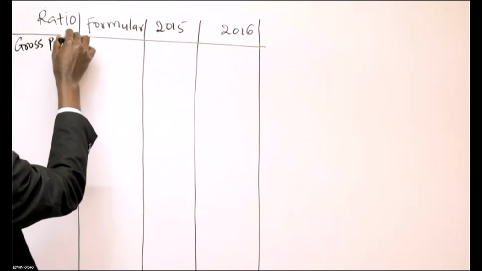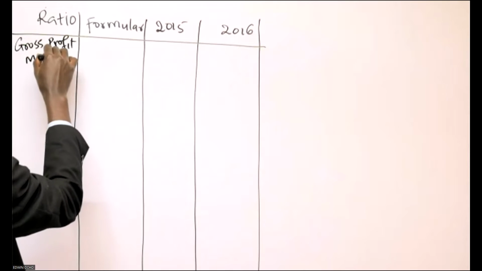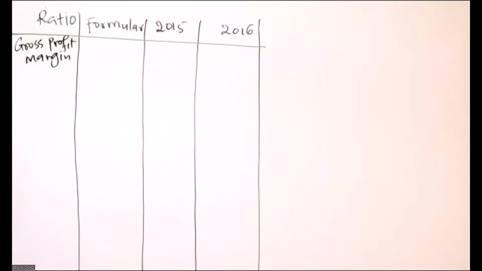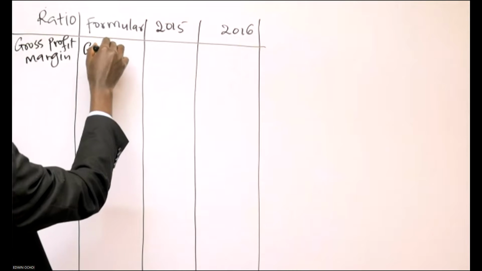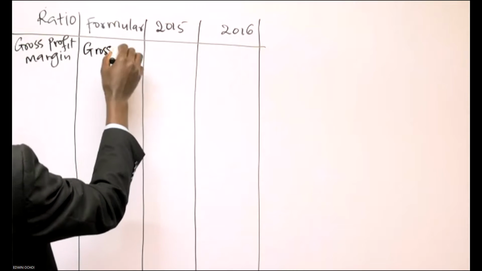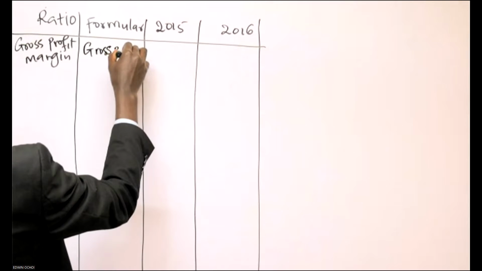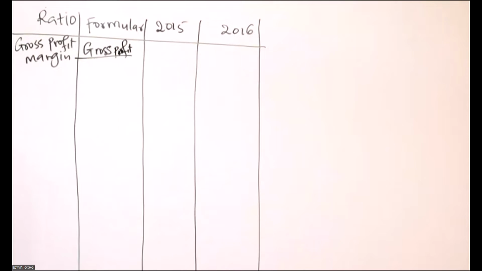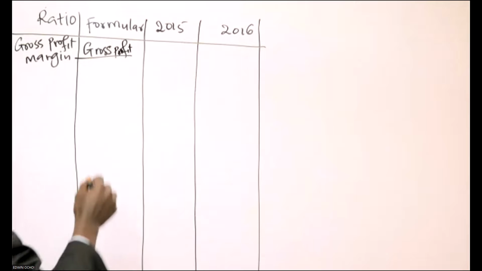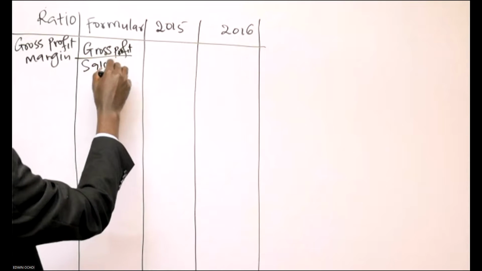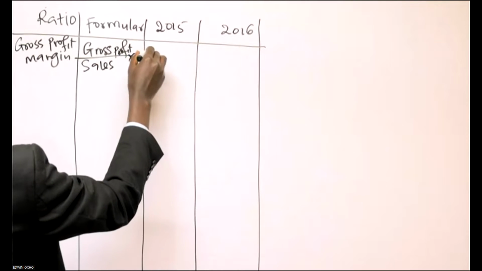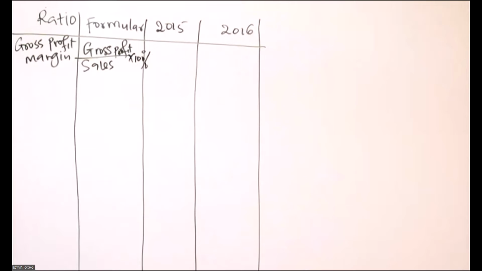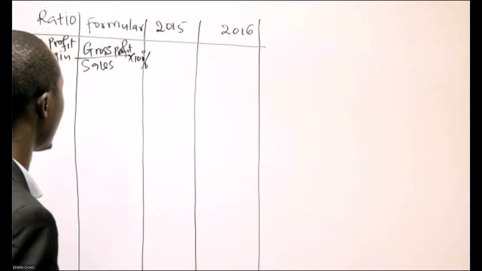Gross profit margin. So what's the formula for the gross profit margin? You take your gross profit divided by sales, times 100%. And so you go now to your question, tell me the gross profit.